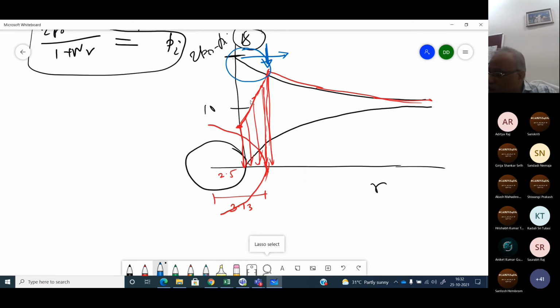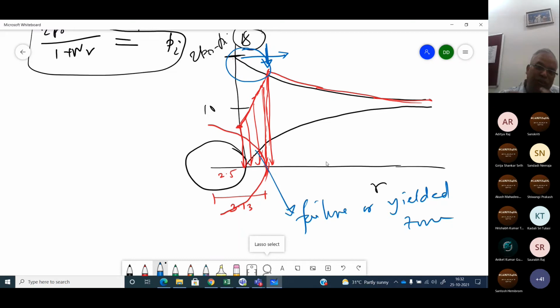So this is what we call the failure or yielded zone. And in the failure zone, we cannot have that much stress. We cannot have that much stress, and that is what it is saying. It comes down to 6.9 only. From 18, it comes down to 6.9. Okay.